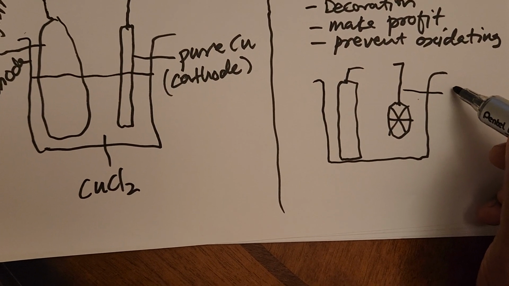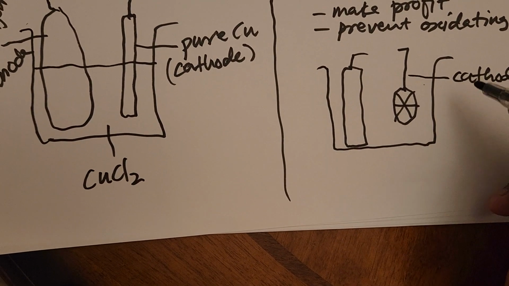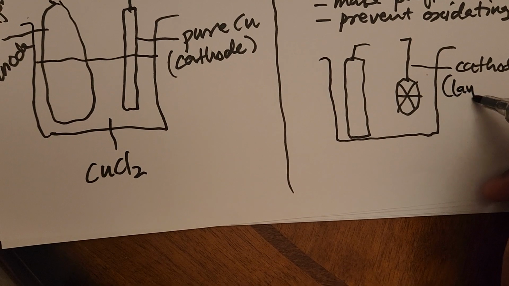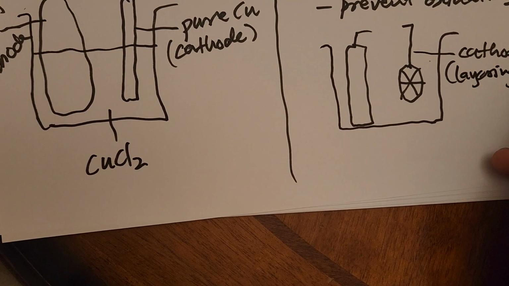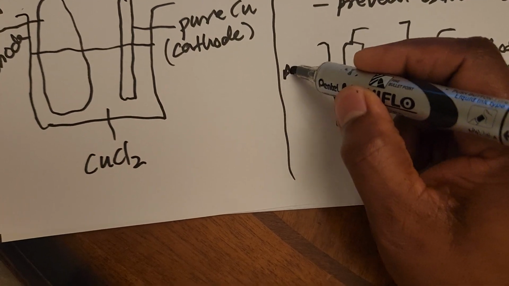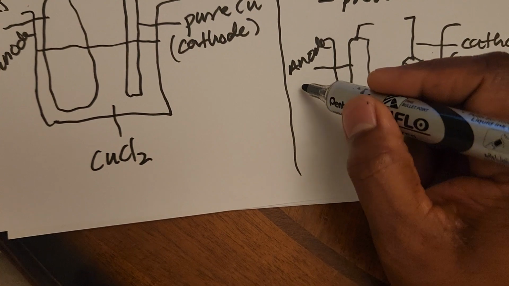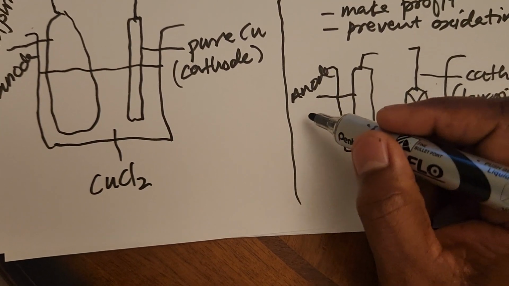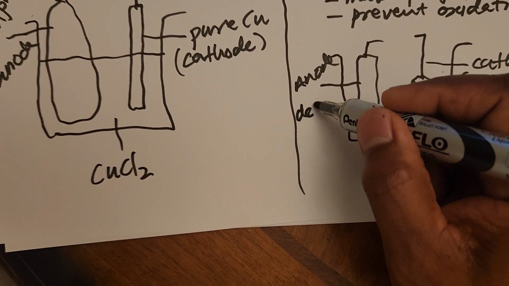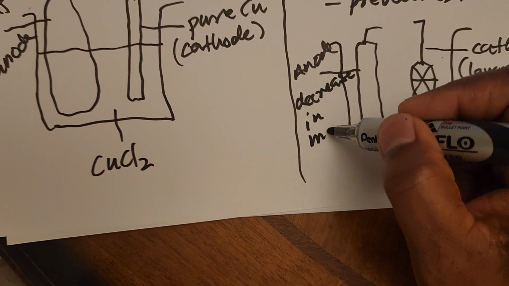This will be the cathode part. That's where there will be the layering. This side is the anode part. That's where oxidation will be taking place. That's where there will be a decrease in mass.